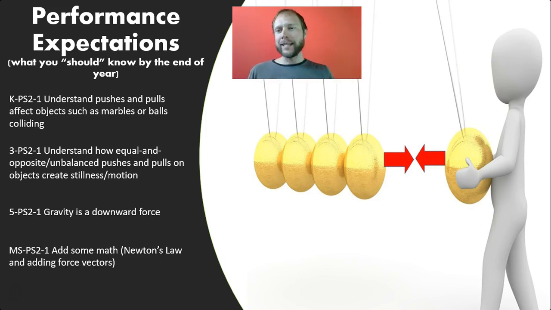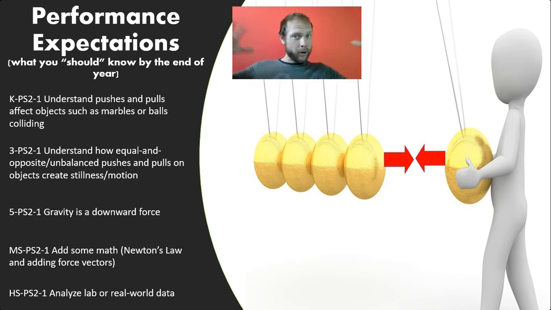Now, when we get to middle school, we have middle school PS2-1. They're going to start to put a little math to it, Newton's law, and adding vectors. And then high school PS2-1, they should be able to put all this together, the real world observation, the math, maybe analyze some sort of real world system or a lab experiment.